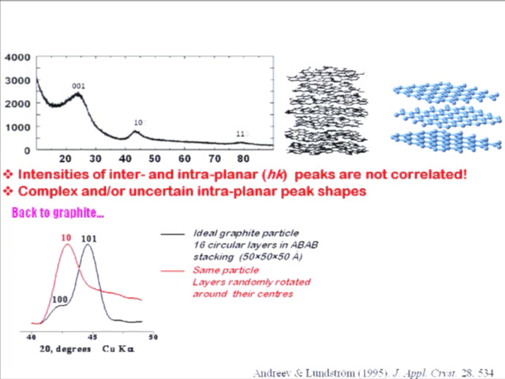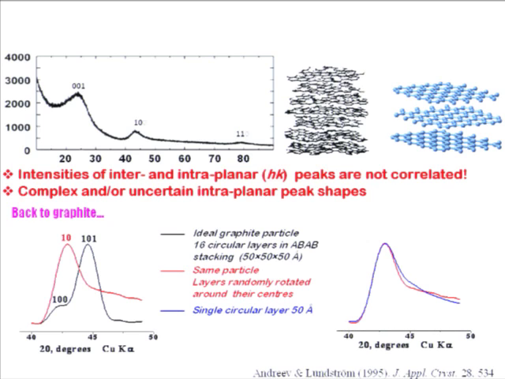And if we compare this red peak shape with the peak shape from a single graphitic layer, they don't match that well. So basically, in order to use something like Rietveld, you need to somehow derive the true peak shape function in order to get a sensible result for each particular case, which is kind of impractical.